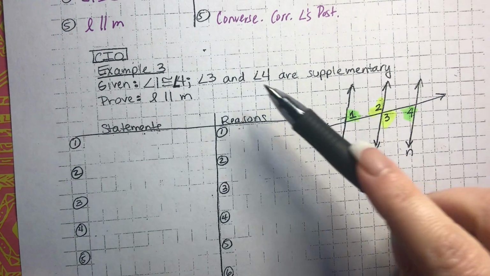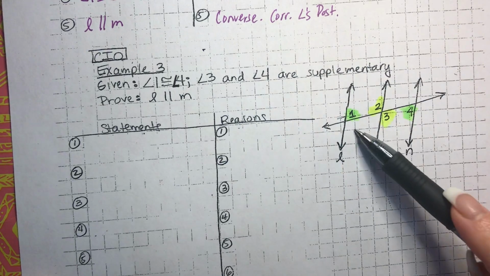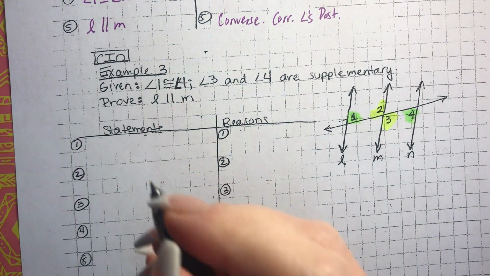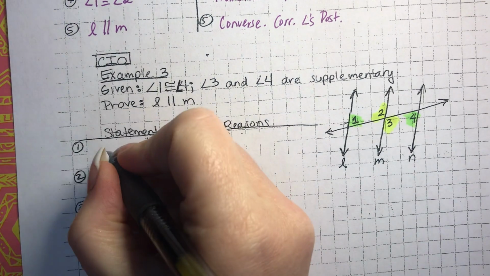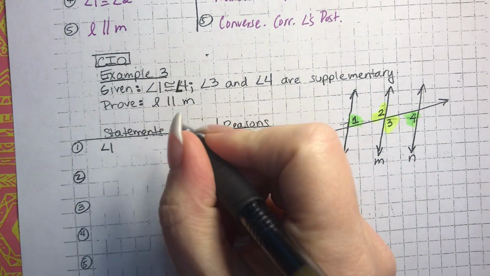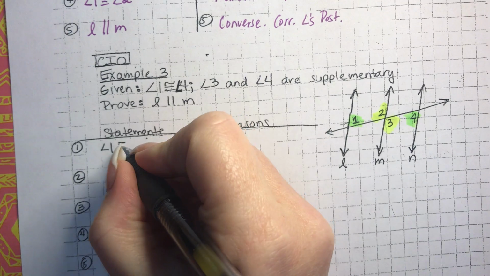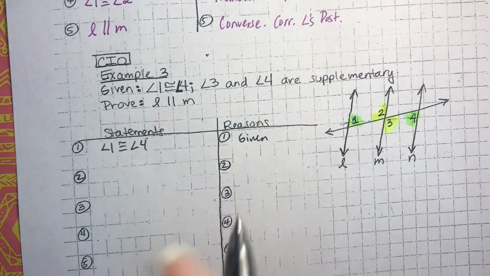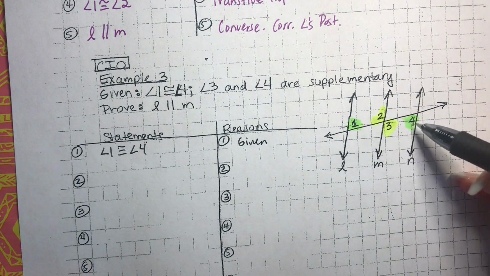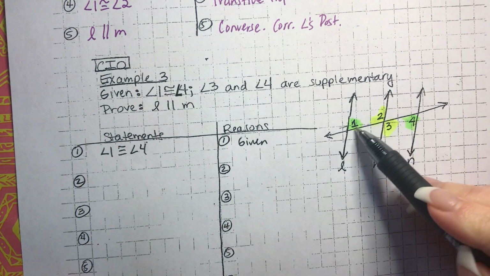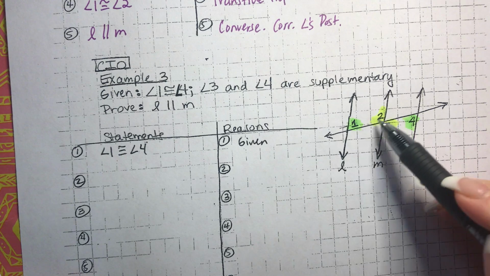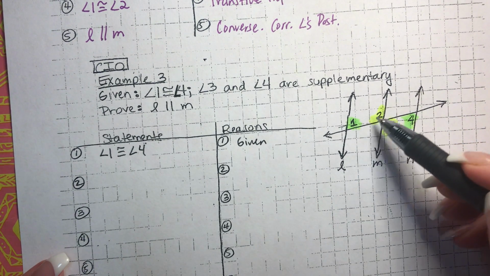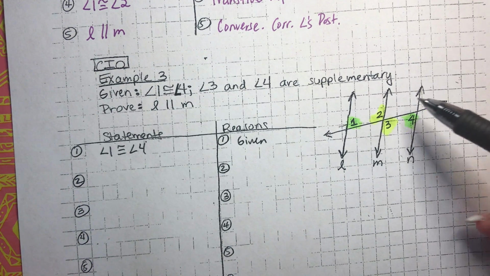Okay, let's start with this first bit right here. Angle 1 and angle 4 are congruent. Okay, and that's given. And really, when we're talking about supplementary, we have to prove that these are supplementary. So we know that at some point, we're going to have some type of equation that's going to be measure of angle 1 plus measure of angle 2 equals 180 degrees, right?